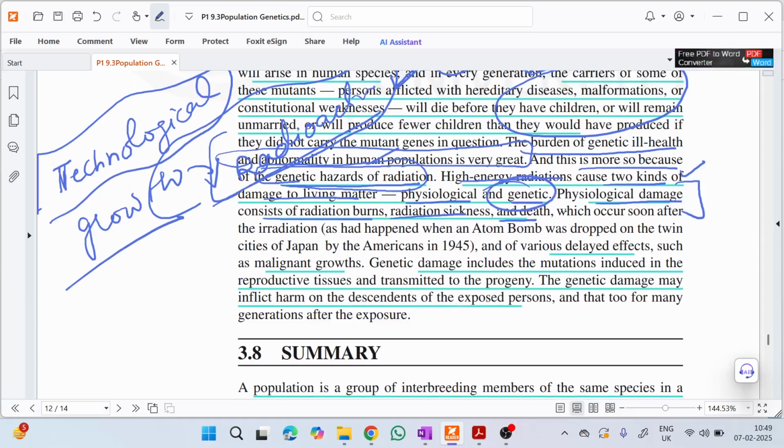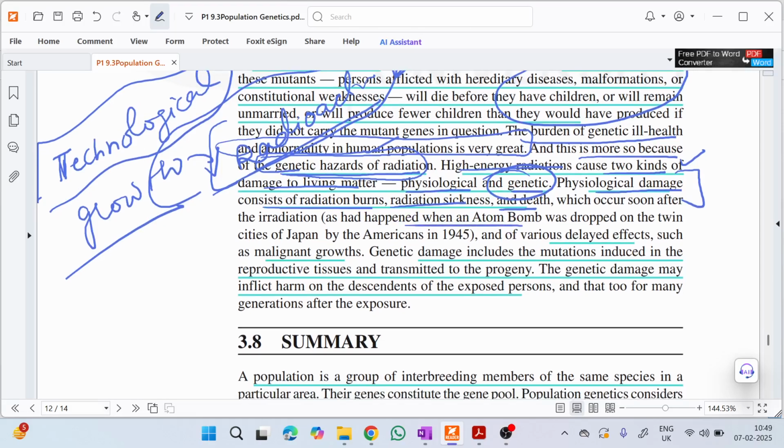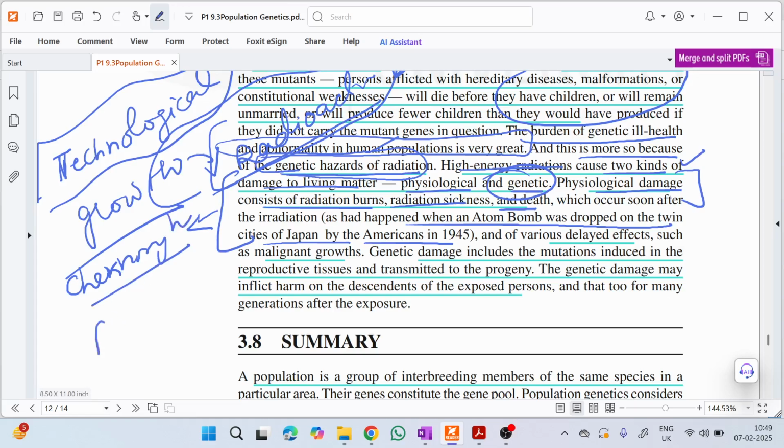So first, this physiological damage happened when the atom bomb was dropped on the twin cities of Japan, Hiroshima and Nagasaki, by Americans in 1945, and the same thing happened during the Chernobyl nuclear disaster and the Fukushima nuclear disaster.